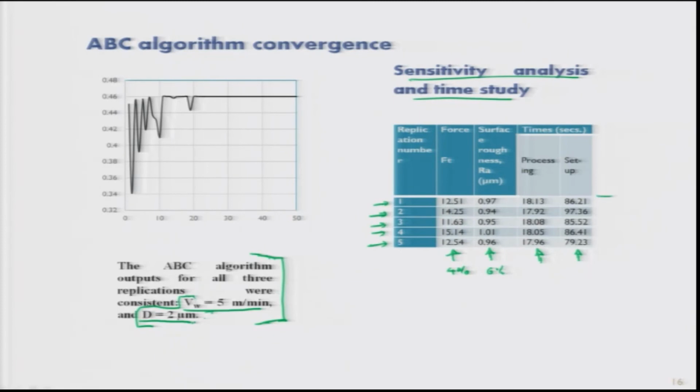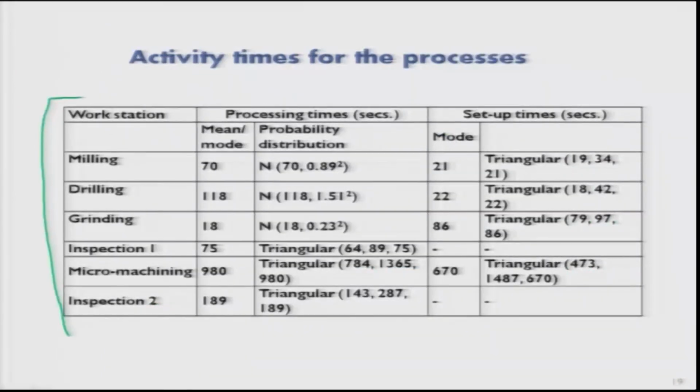These processing times were then taken forward to our factory simulation process along with the other processes, that is milling, drilling and micro wire EDM. These are the activity times that were recorded during the validation of our different processes separately.